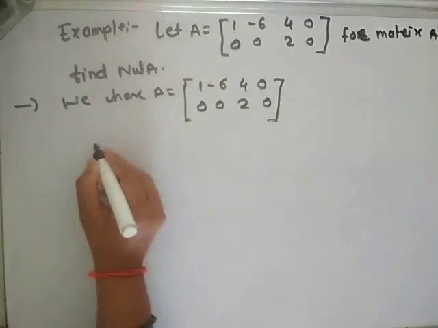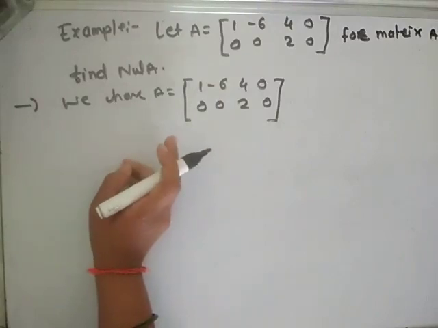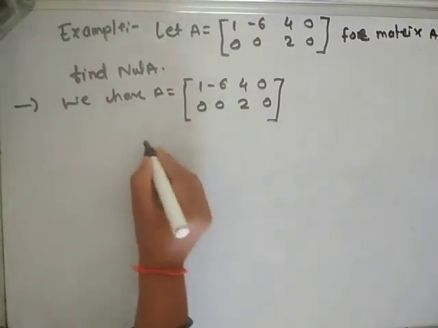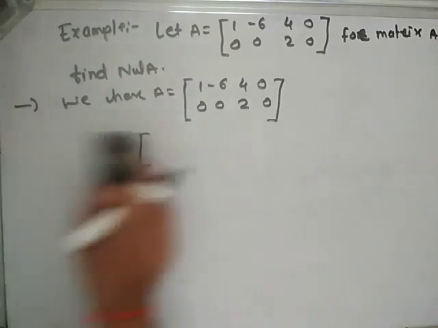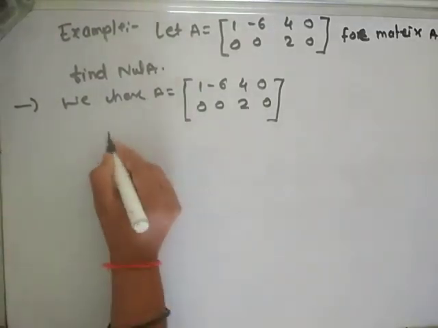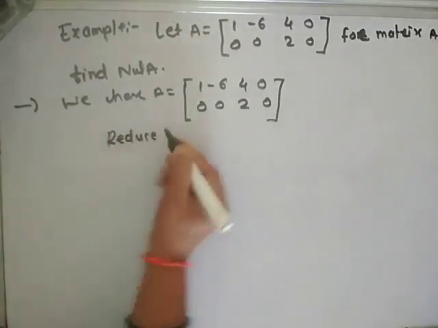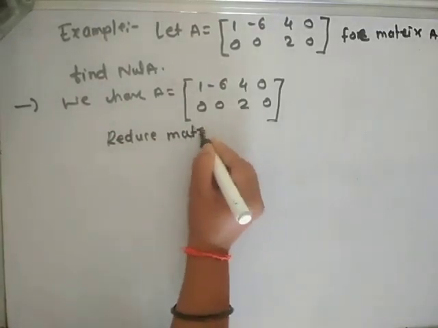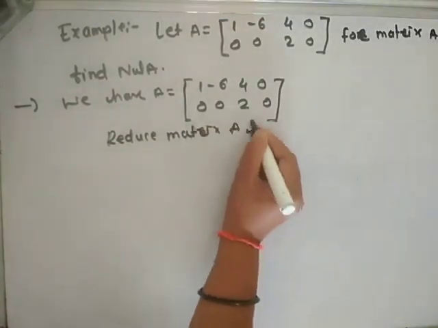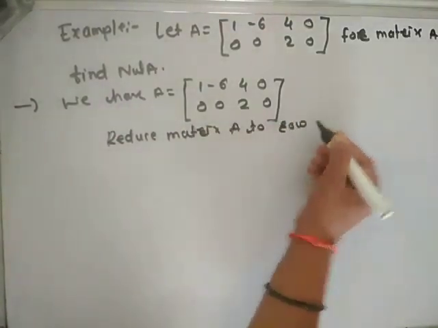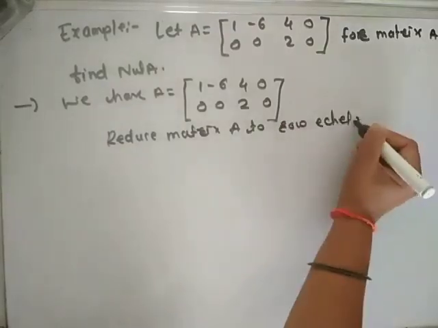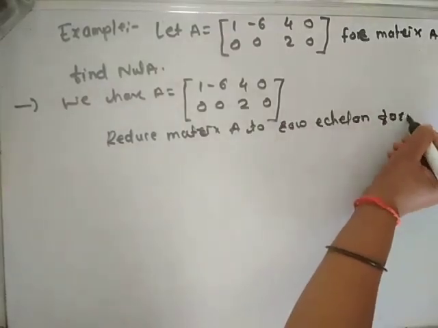Okay, we have this matrix A. Reduce matrix A to row echelon form.